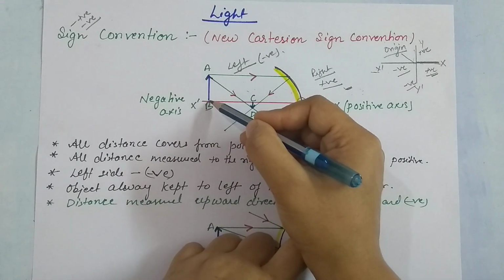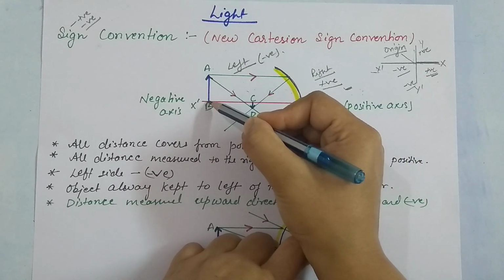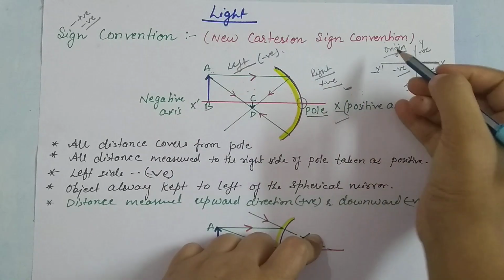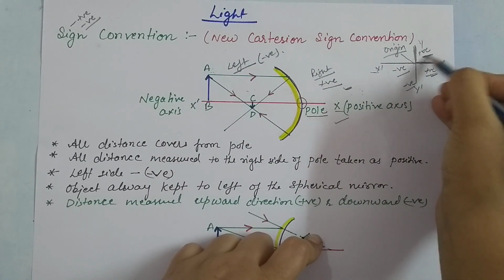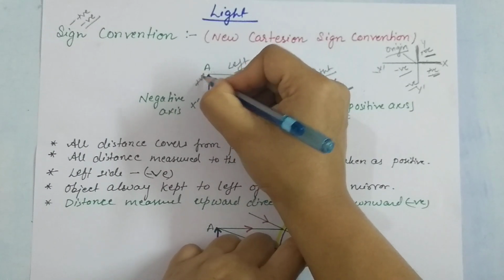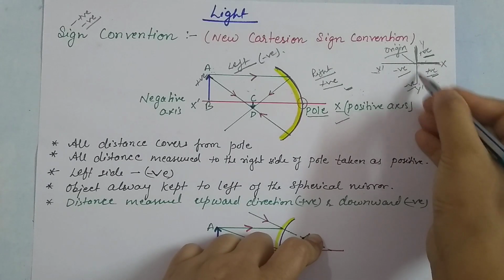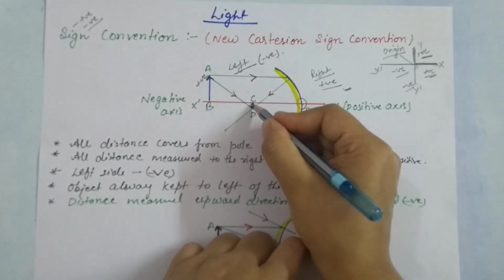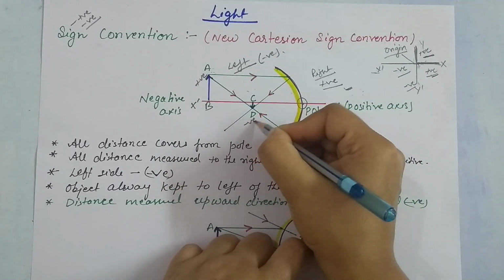Now, for the object and image, a distance measured upward from the origin is taken as positive, and the downward direction from the origin is considered negative.